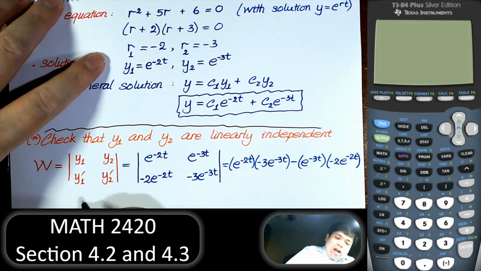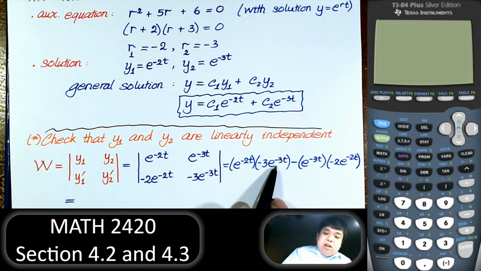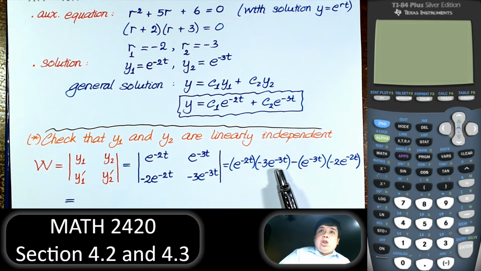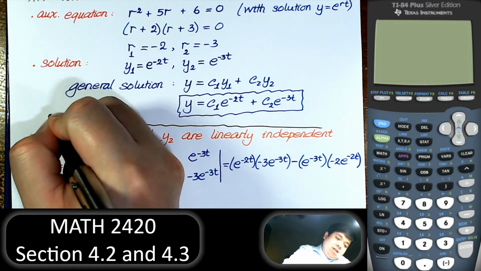I'll just multiply it out. When we multiply these two things with the same base, just combine the exponents, right?